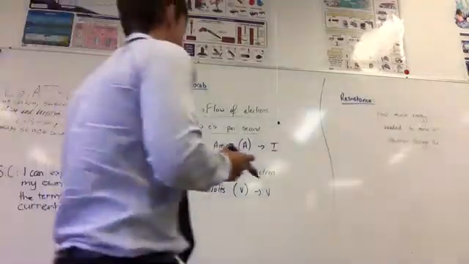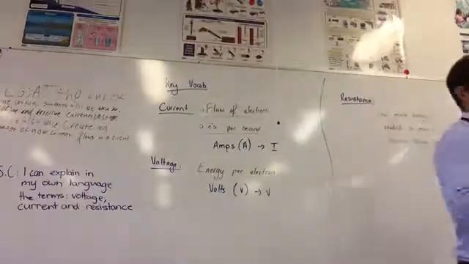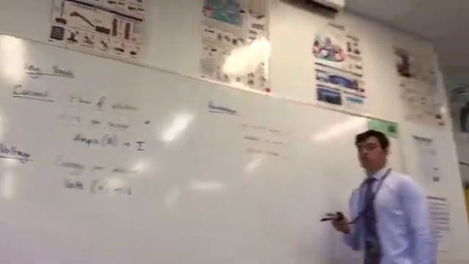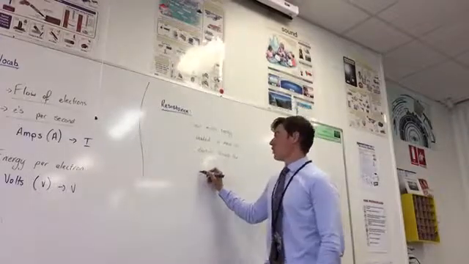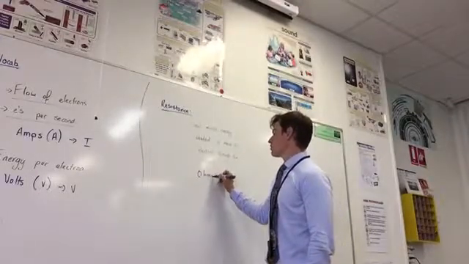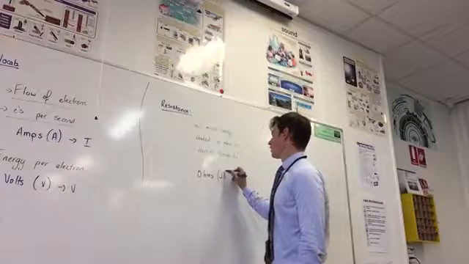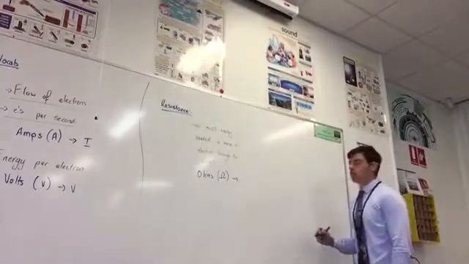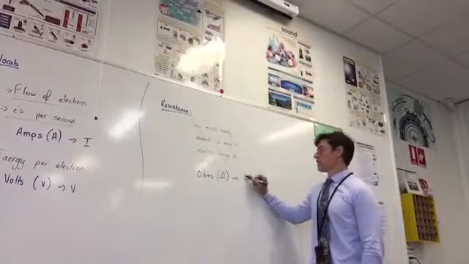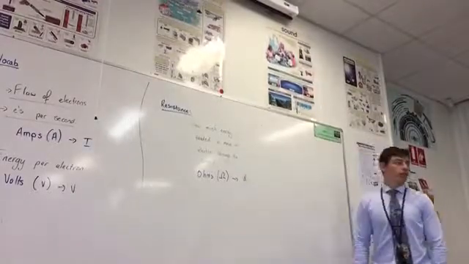And resistance. Resistance's unit is ohms. And the symbol, or the way that we write that, is with that omega symbol, and that is presented as an R in our equations.